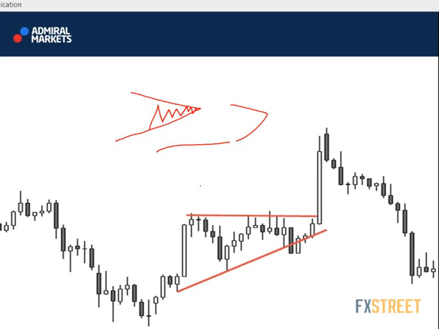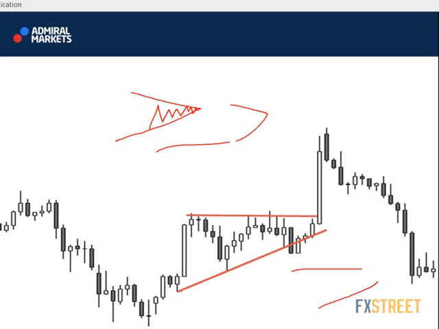When you see that we have a running triangle, there is a signal, especially if the price is very close to the top of the running triangle, that the price can break out, and you should be ready for a breakout. So definitely you should pay attention to these types of triangles, and always pay attention to the breakout point.